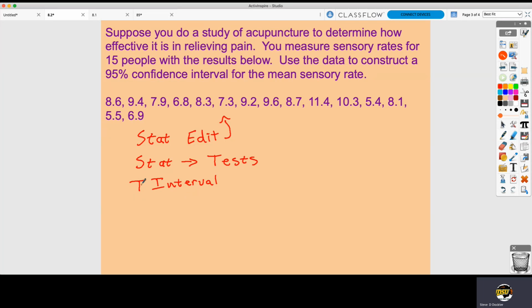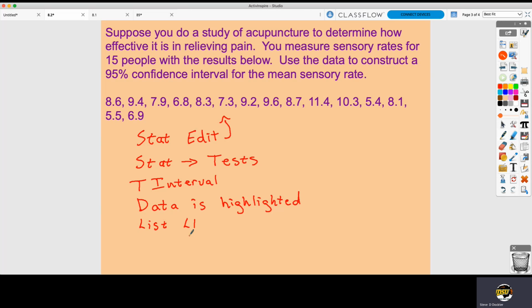Then you make sure that your data is highlighted. Your list is wherever you put the list in. Most of us default to L1, that's fine.